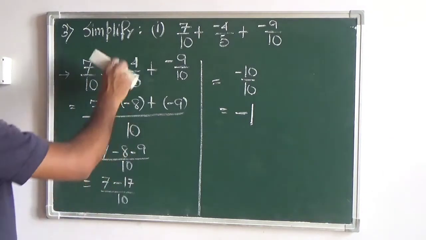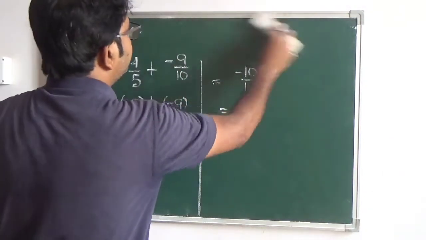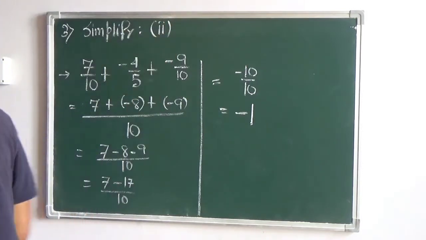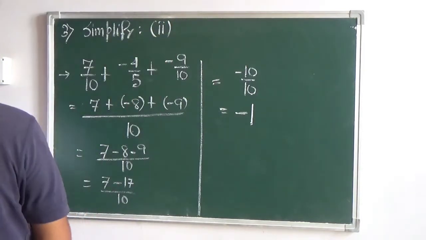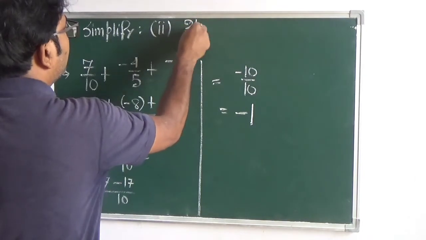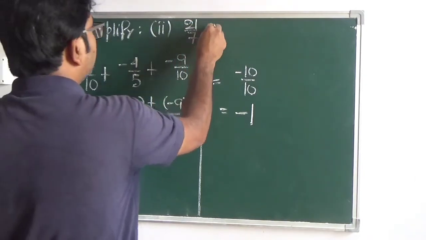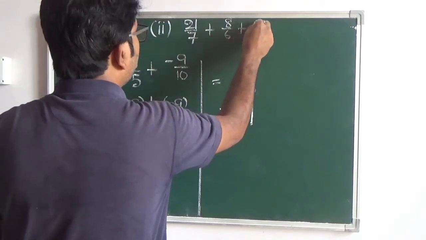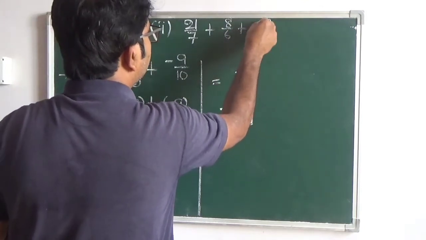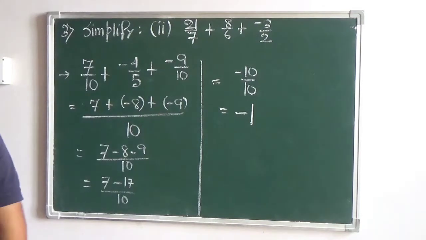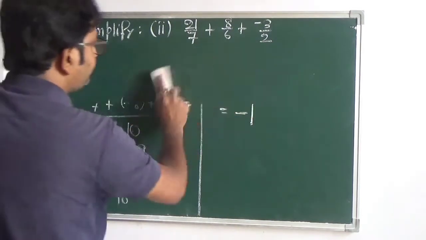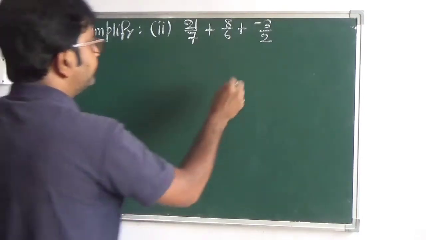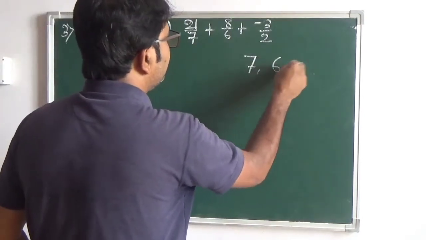Is it okay now? Now second part. The second part is 21 by 7 plus 8 by 6 plus minus 3 by 2. So what will be the LCM of 7, 6 and 2?